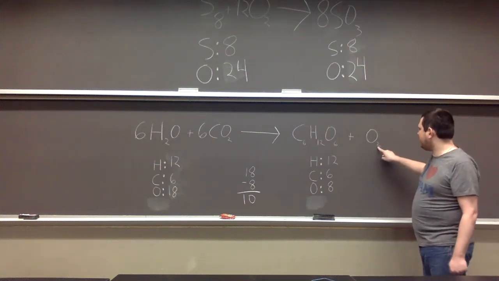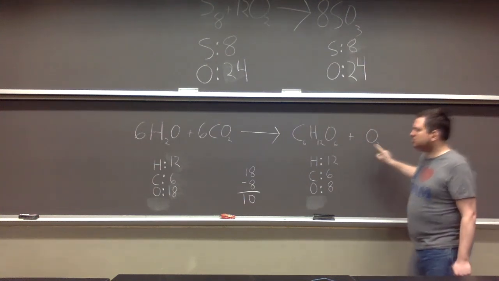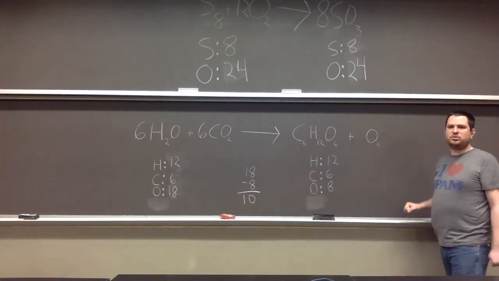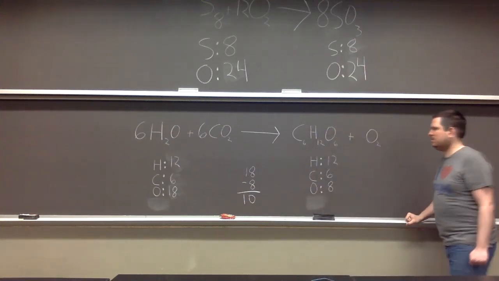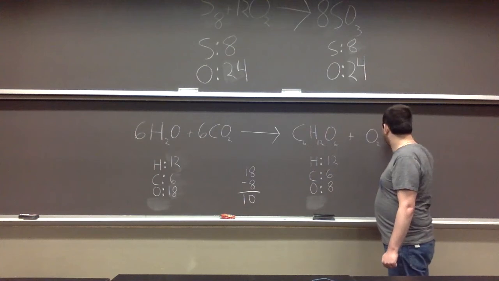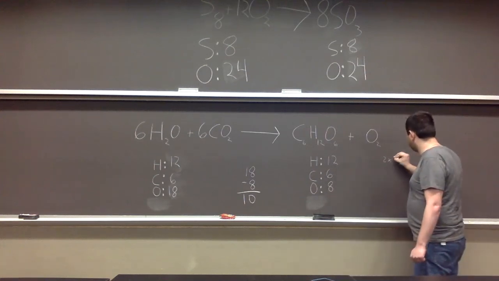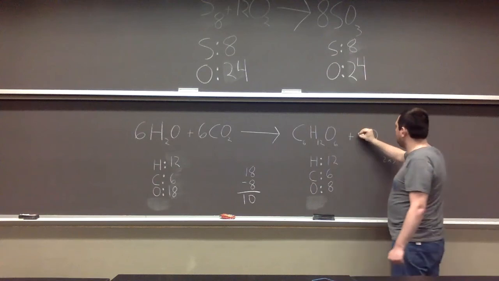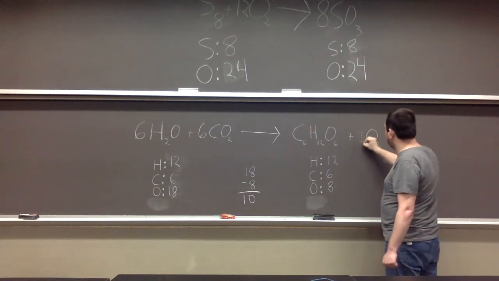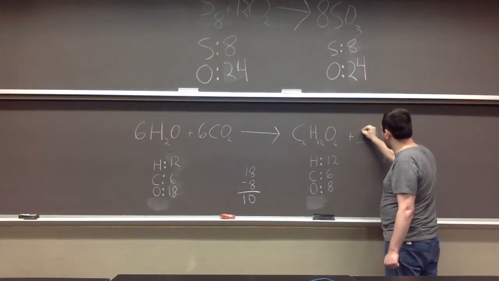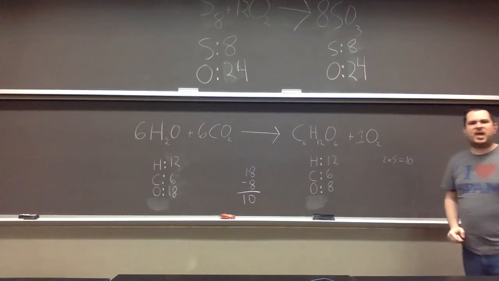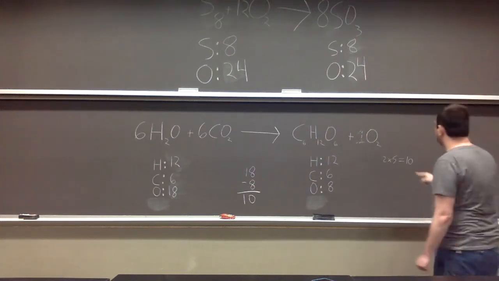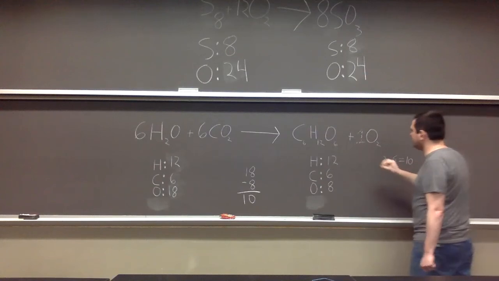Can you multiply this by something to get us to that number? 2 times what equals 10? Well, 2 times 5 equals 10. So we need to increase whatever number this is, which is a 1, imaginary 1.